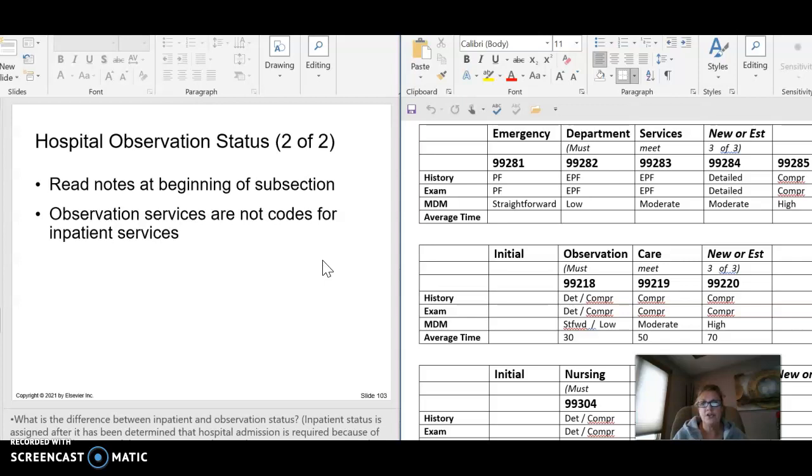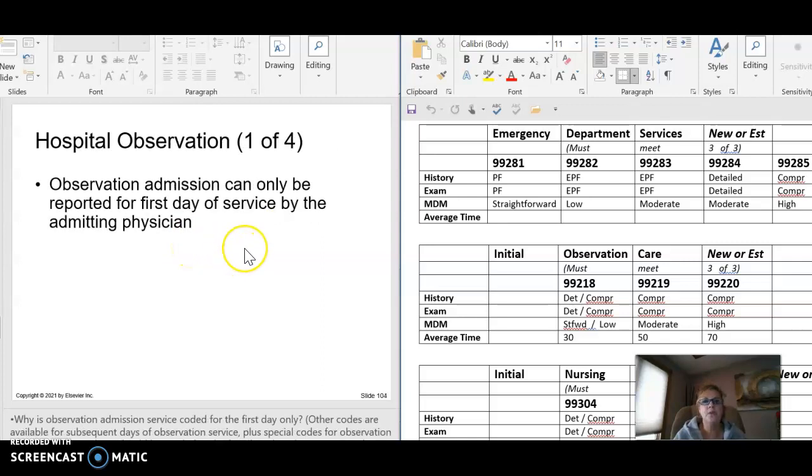So with observation, make sure these are not codes for inpatient service. Once again, they're outpatient. So we have an observation admission. It can only be reported the first day by the admitting physician. And these are the codes here. Make sure you review them in your book. Once again, you need 3 of 3. So if I have a high medical decision making, a detailed exam, and a detailed history, I cannot upcode to a 99220.